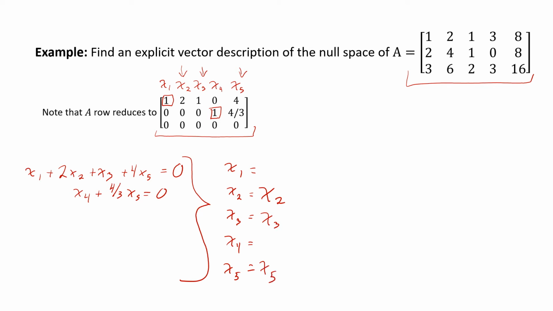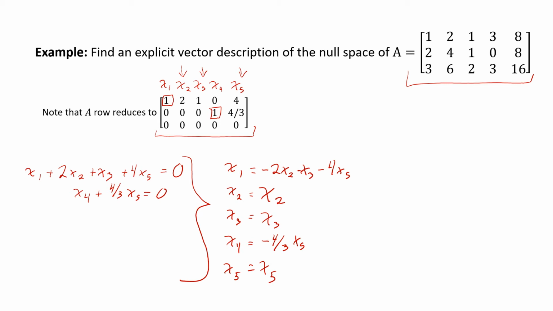Then our basic variables, we write in terms of our free variables. So x1 is equal to negative 2x2 minus x3 minus 4x5, and x4 is equal to negative 4 over 3 x5. So there are our variables written in terms of our free variables.